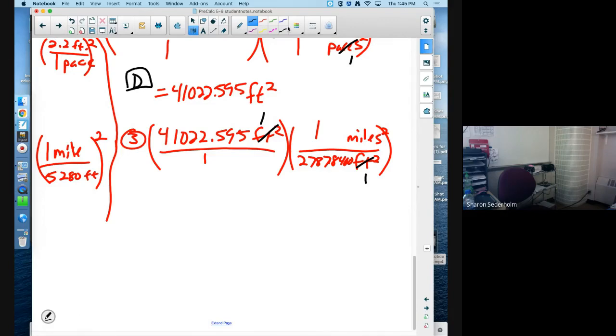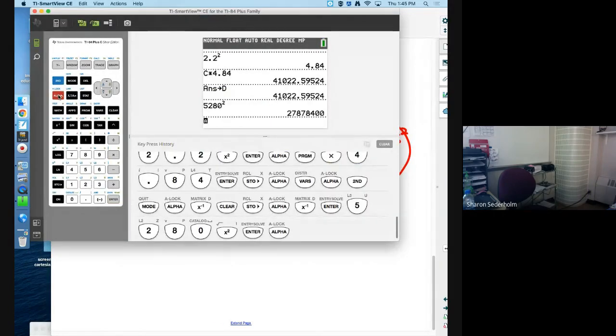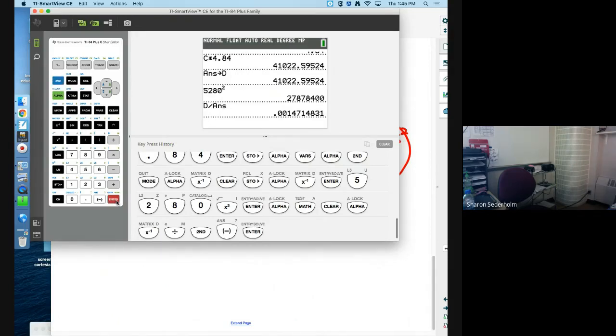But now we'll have to divide that by that nasty number that we just had. Last storage was in D, so alpha D. There we go. And I need to divide that by the last answer that I just had up there. So there it is, and that is going to be in square miles.